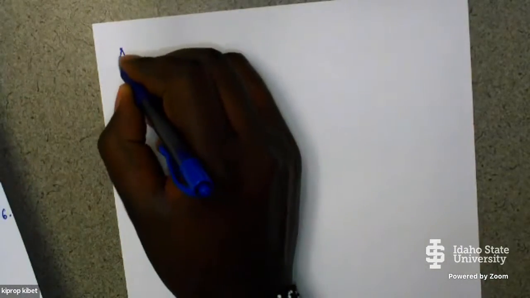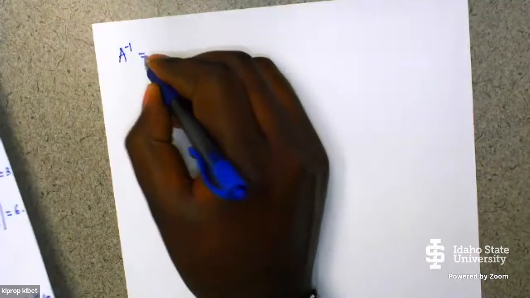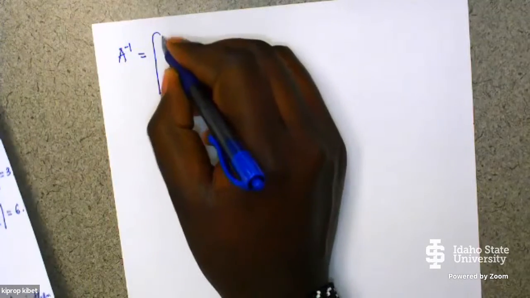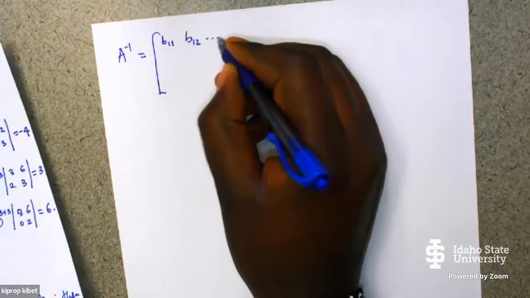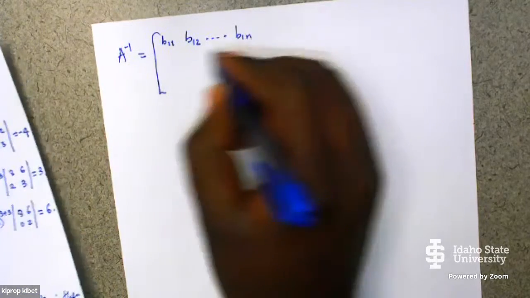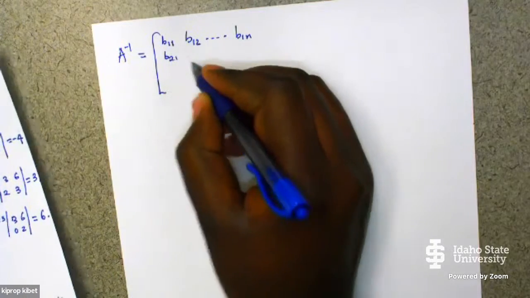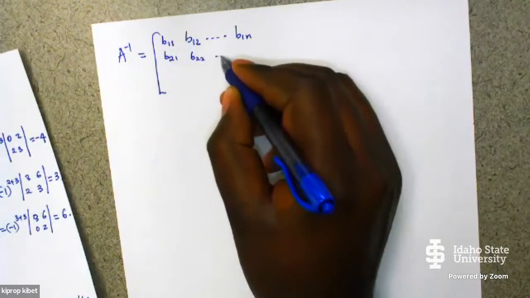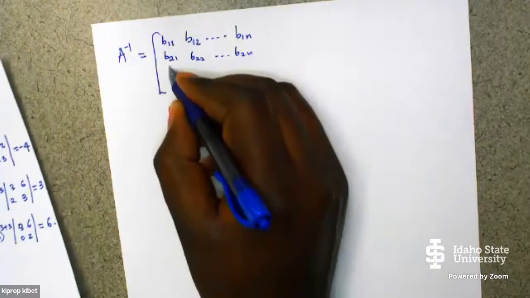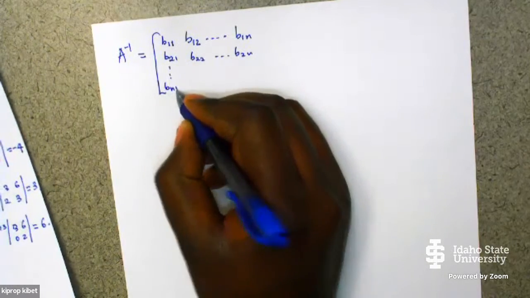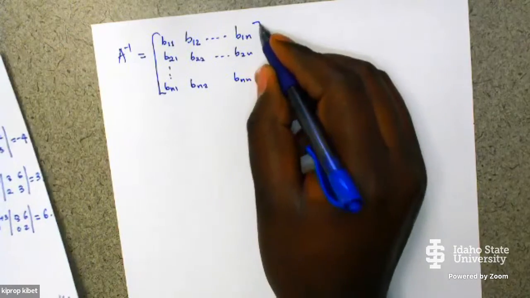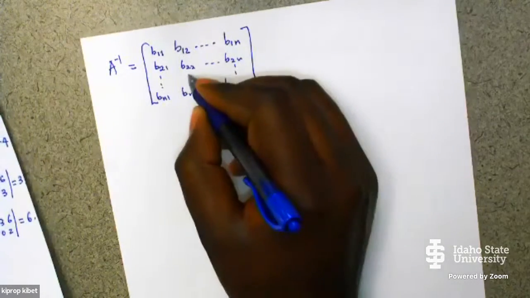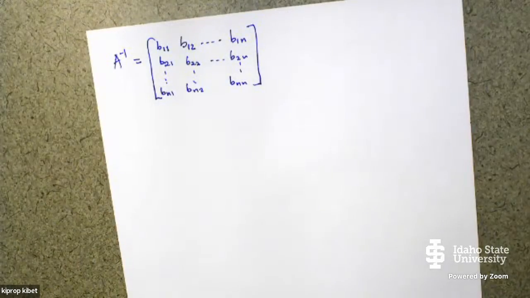Therefore, our A inverse is the matrix with entries B11, B12, up to B1n, B21, B22, up to B2n, all the way to Bn1, Bn2, Bnn. These are the solutions we get from here.